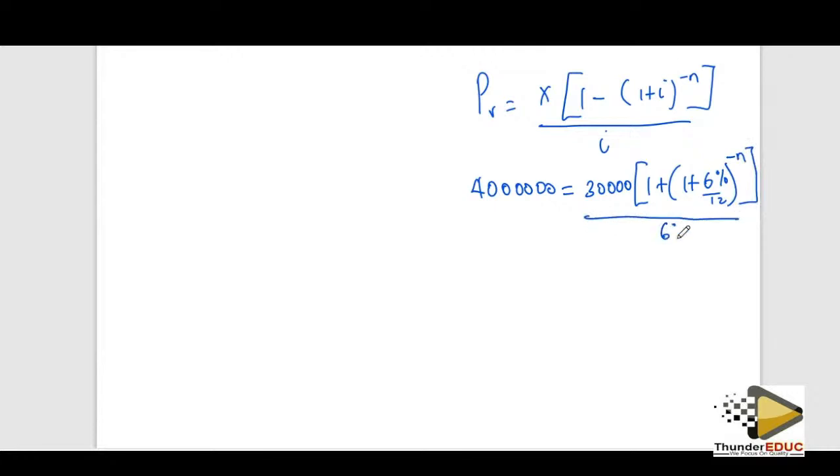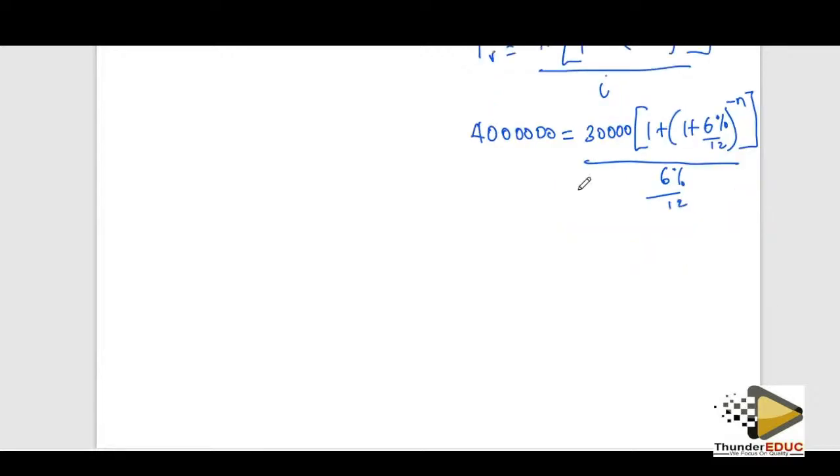over 6% over 12. So step number 1, I'm just going to divide both sides by the 30,000. When I do that, I'll have 400 over 3. And then I'm going to multiply by the 6% over 12, so I'll be just left with this bracket.